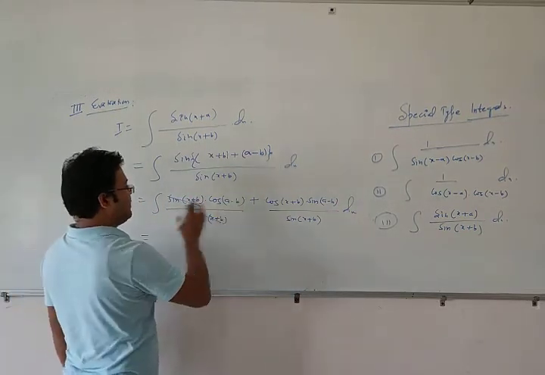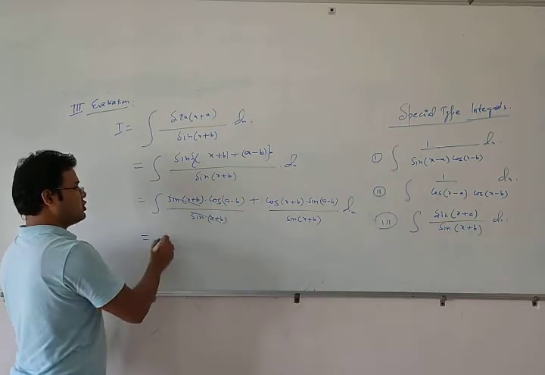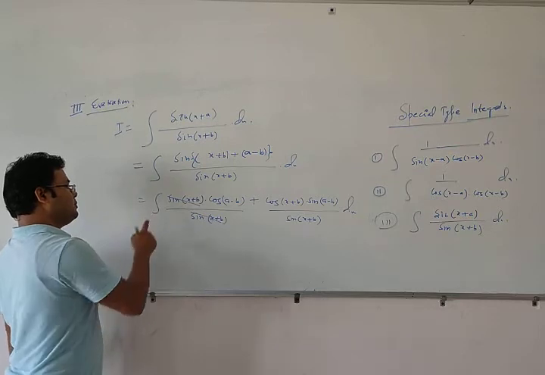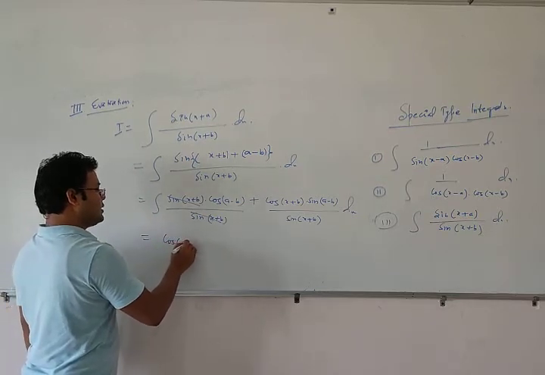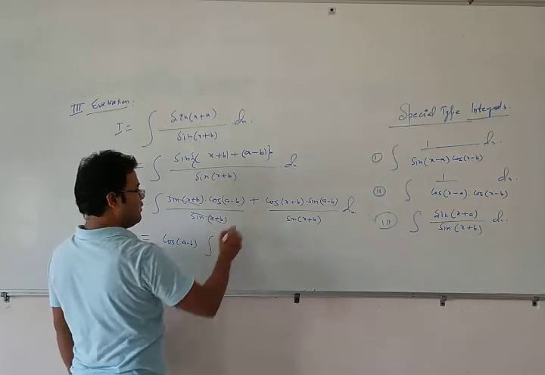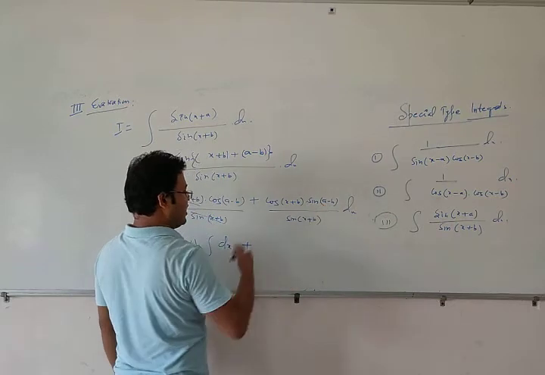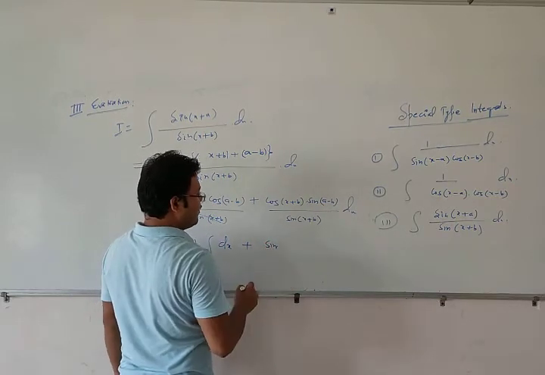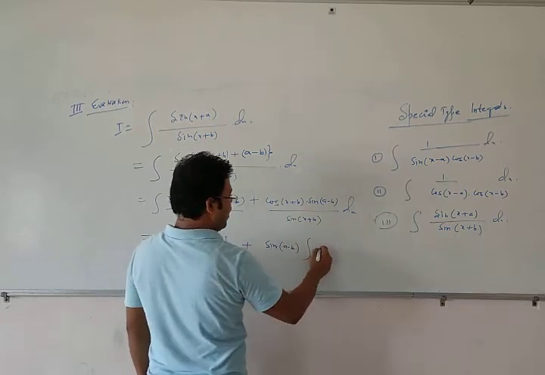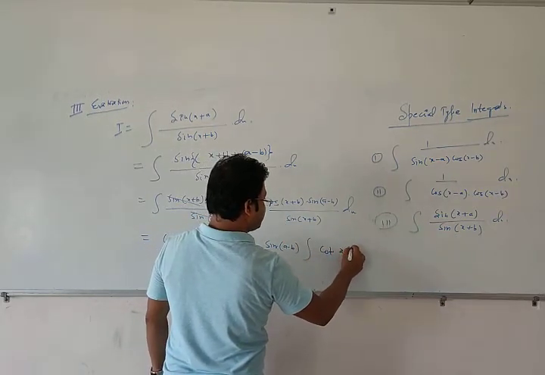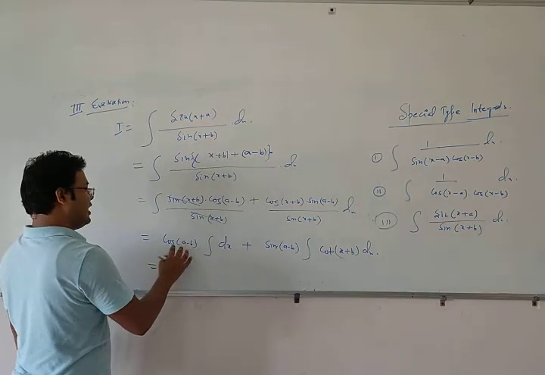You can separate this integral into two parts. Here the constant term, you can take out this constant term outside the sign of integration. So cos(a minus b) integration of dx plus sin(a minus b) integration of cos by sin, which is cot(x plus b) dx.